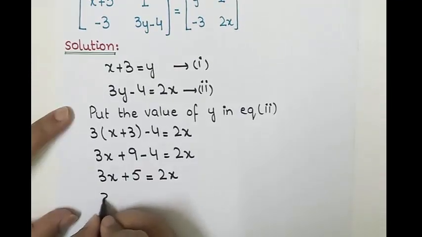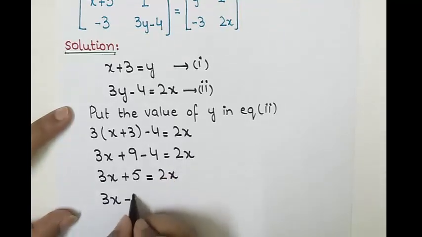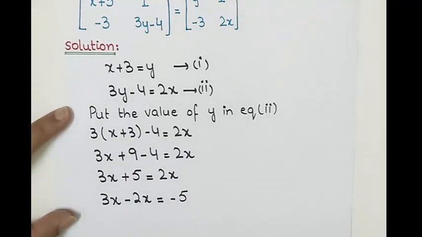So now we have 3x, taking this 2x to the left hand side of the equality and taking this positive 5 to the other side of equality, now it will have a negative sign. So 3x minus 2x, simple x, this is equal to minus 5.